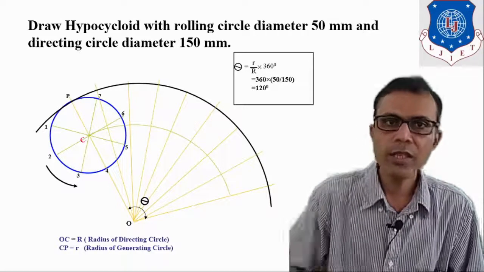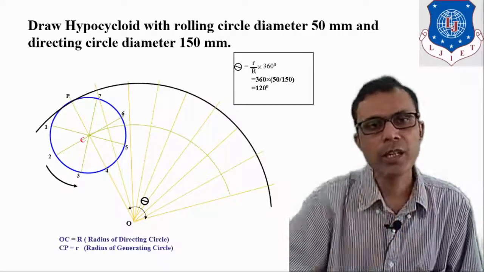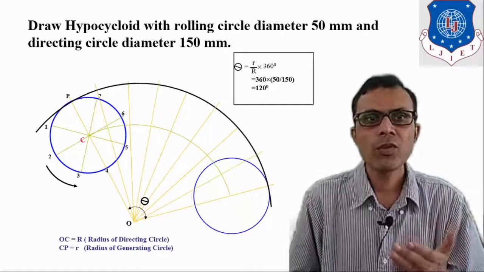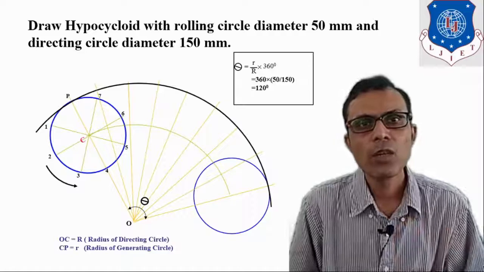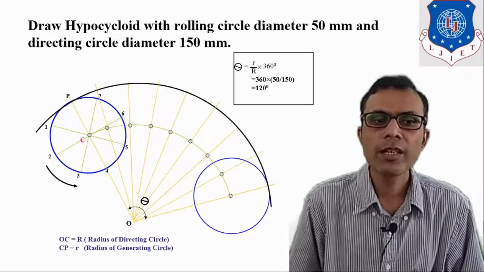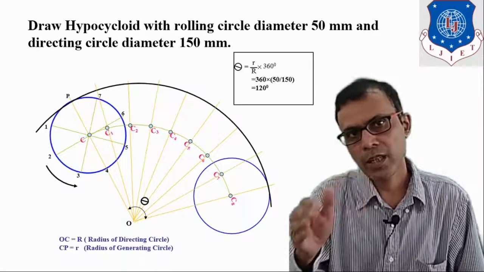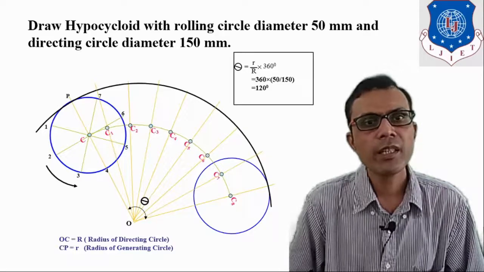Now draw the central arc. With O point as center point, compass size equal to OC, draw an arc. So here it is shown the final position when the rolling circle completes one rotation. So these are the different positions of the center. On the center arc, it is marked with C1, C2 up to C8.